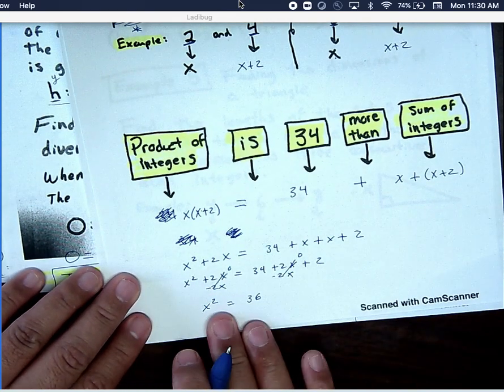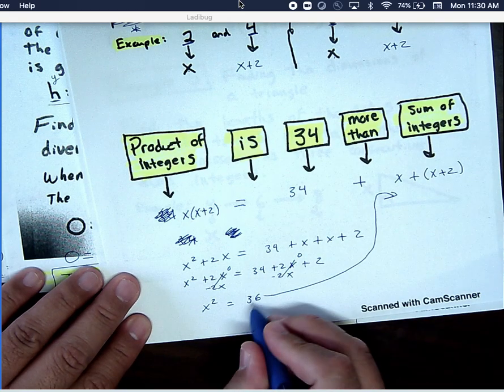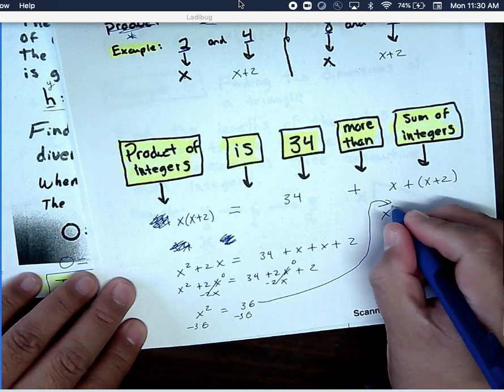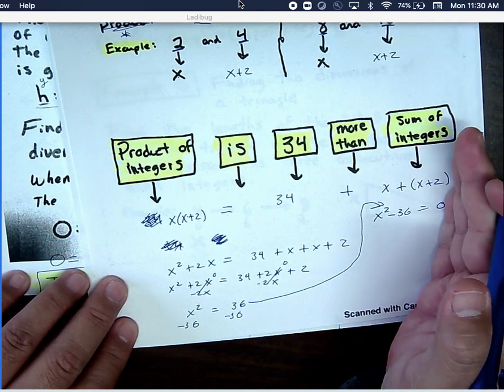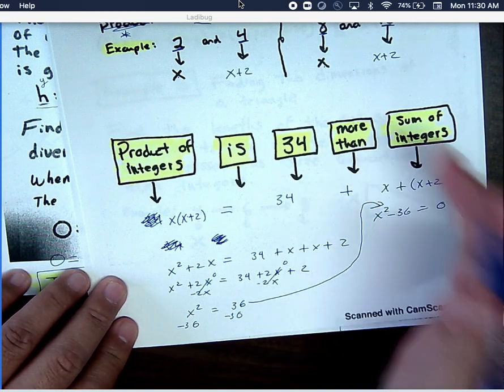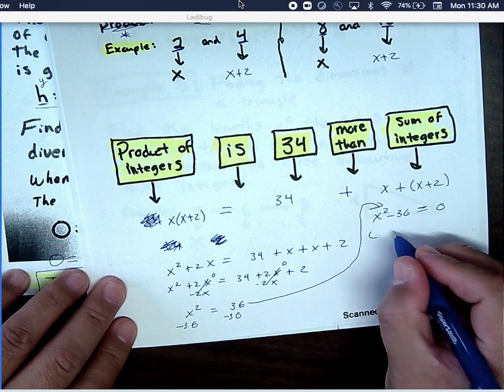Okay, so we have the equation. Now bring everything to one side. I'm going to bring it over here: negative 36, so x squared minus 36 equals 0. Remember, 0 has to be on one side and the polynomial on the other. Now we have to factor.